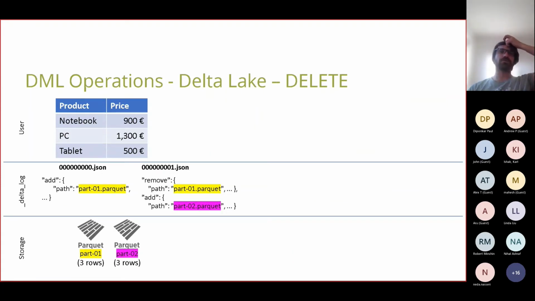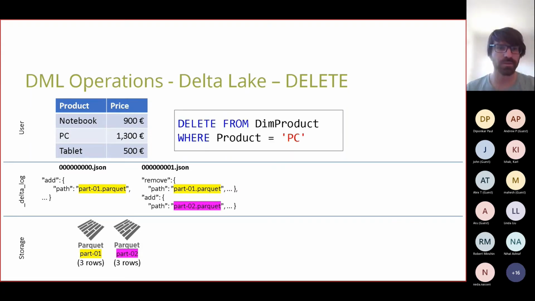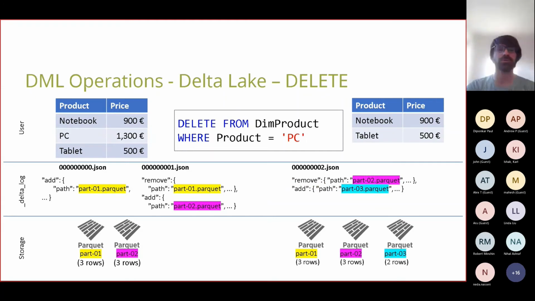Similarly, what happens if you run a delete? If you delete, for example, the PC from your table, it is removing the whole file. And what might be a bit surprising, it's creating a new file, but the new file only contains 2 rows. So even though you run a delete, you're creating more files, which is a bit contradictory, but it's related to the fact that you want to have this time travel capability.